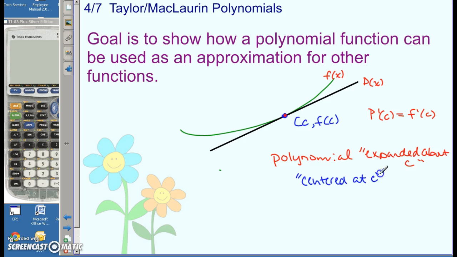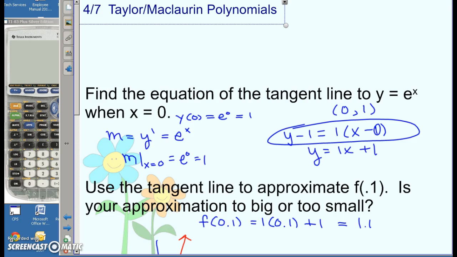And we use that to talk about where we're having that shared common point that we're going to start with. So Taylor and Maclaurin series are very similar, and the polynomials are very similar. However, it just depends on where they're centered at. And we can move this and rotate it around and change where our c value is, but it's still going to be the same technique and still the same idea.